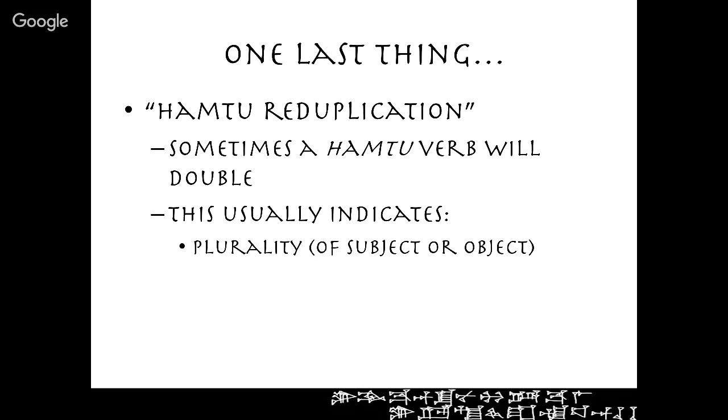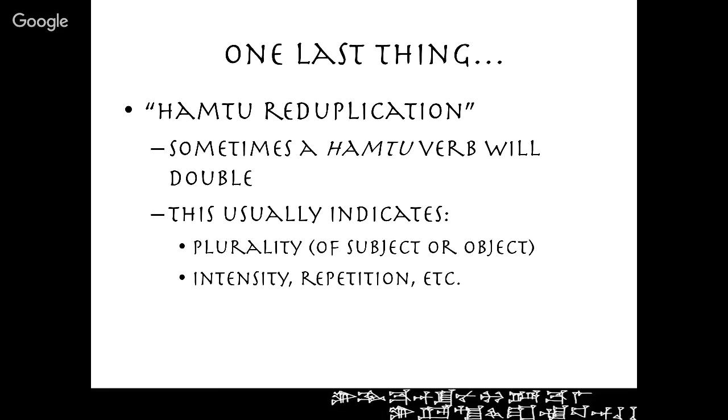We'll talk about the difference between the subject and the object and how to tell in a future lesson that's a little more advanced. But that's one of the things that it can mean. It can also represent intensity. So if any of you have taken Hebrew before, there is what they call the D stem or the Piel. The Piel form is like an intensity.